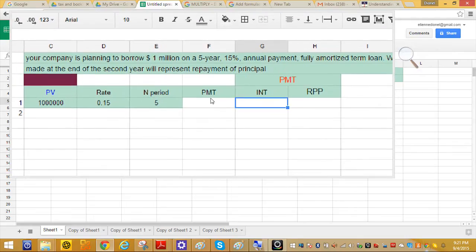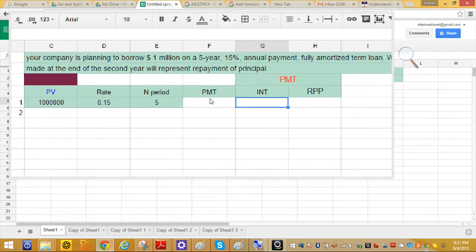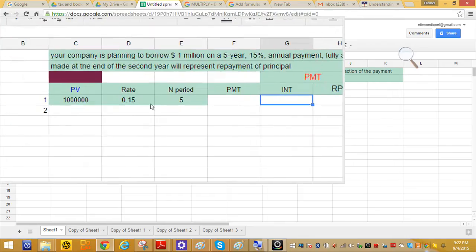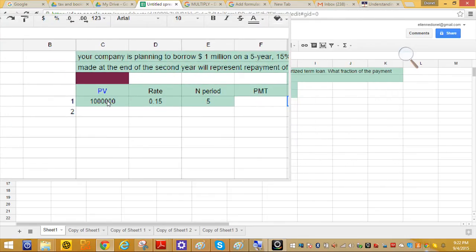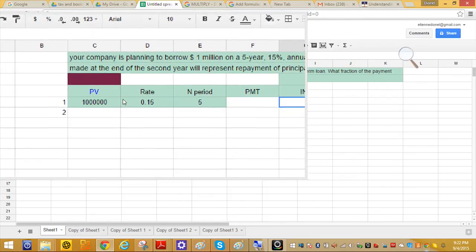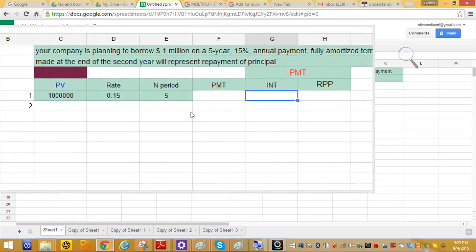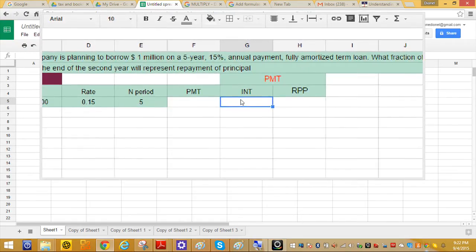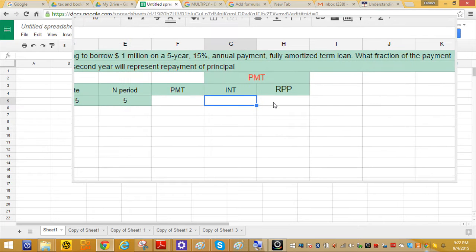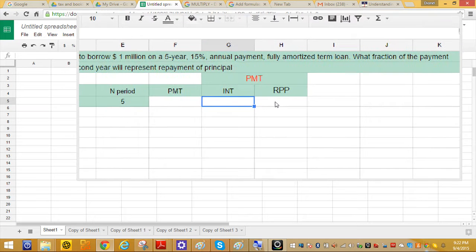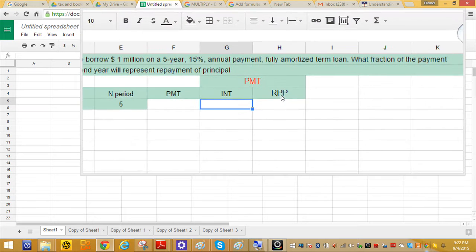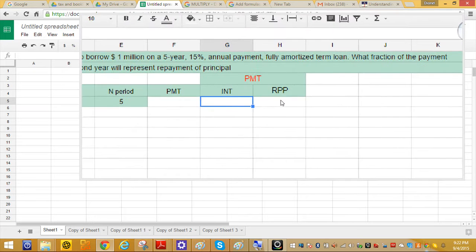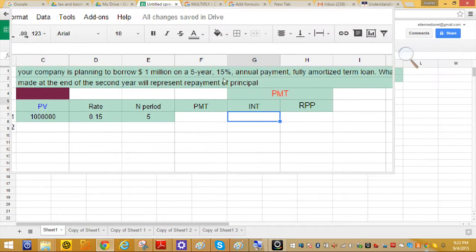But not all the payment is applied to reduce the principal. Part of the payment would be applied to the interest and part of it to reduce the principal, because you have to pay interest, guys.